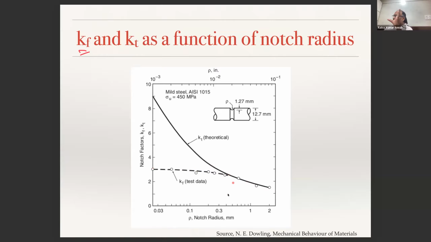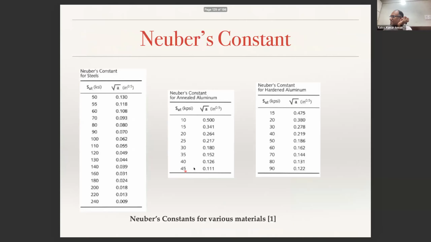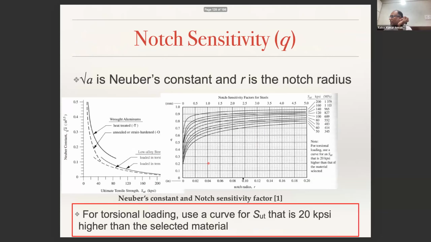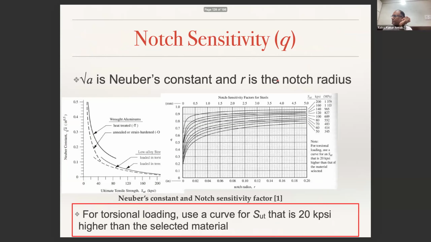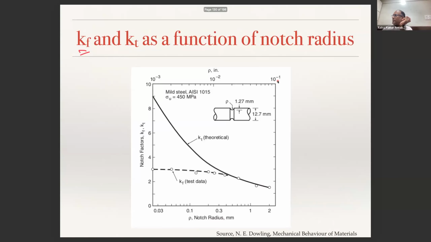And you will realize that for a very large notch radius, Kf and Kt are the same. Because if you have a very large notch radius, Q is becoming 1. If Q is becoming 1, Kf is equal to Kt. That is why for a very large notch radius, Kf and Kt are the same.